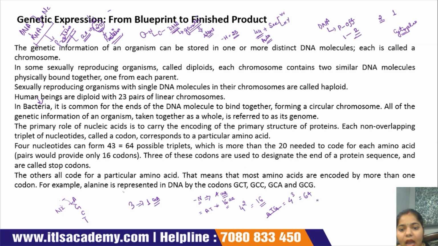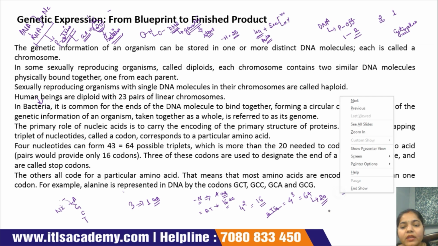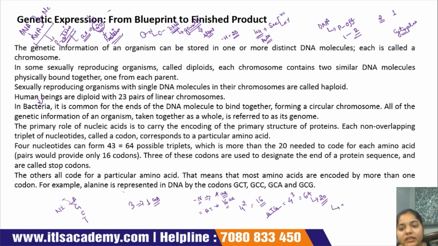Now all 20 amino acids are coded by the triplet form, by the combination of 3 nucleotides. Out of 64, 3 are known as stop codons, and 61 are amino acid coding codons.